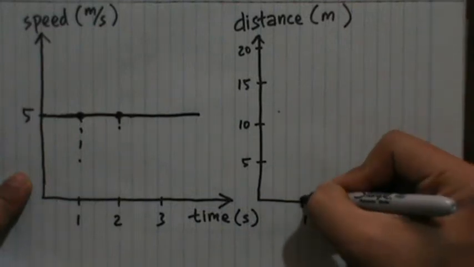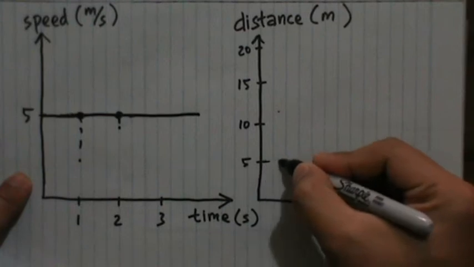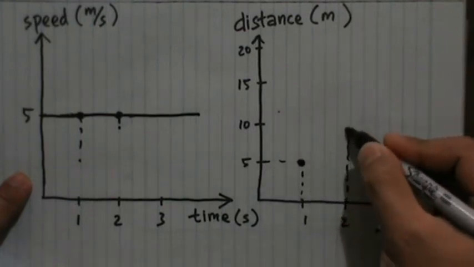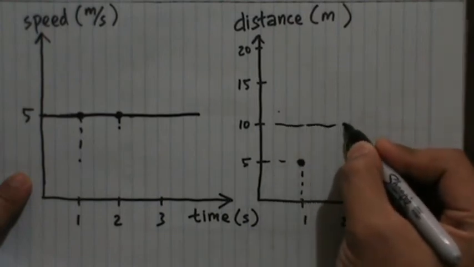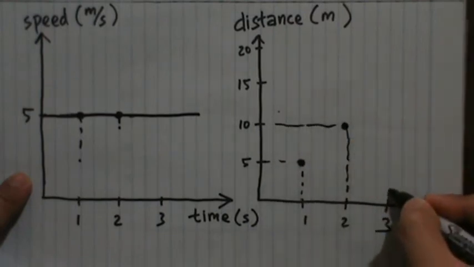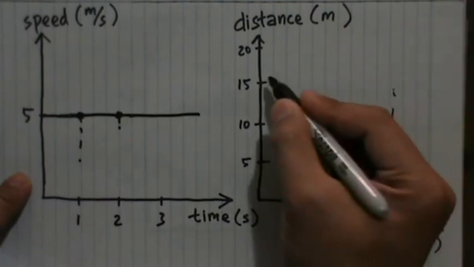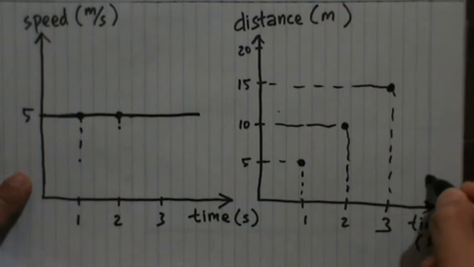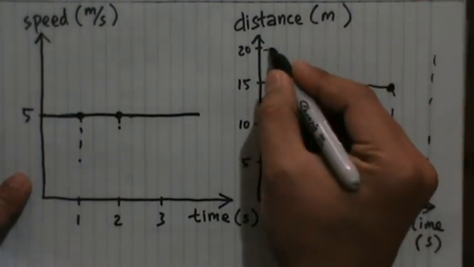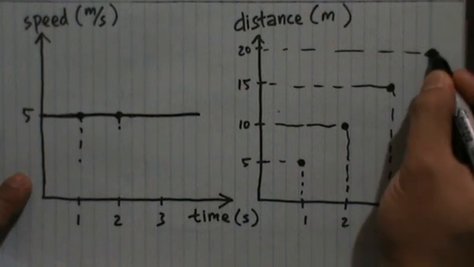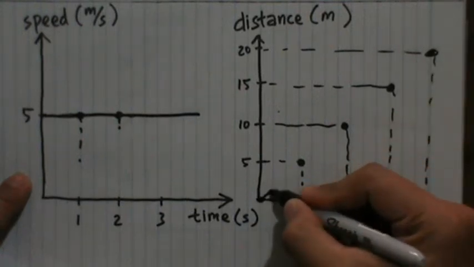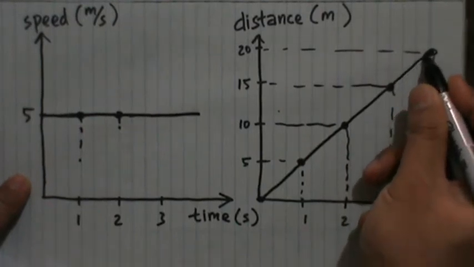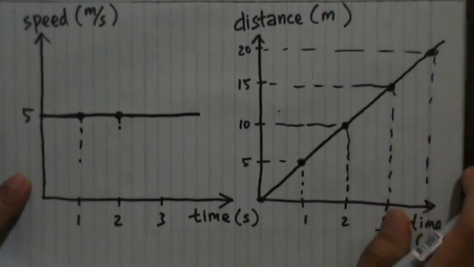So in the first second the distance will be 5 meters, after 2 seconds it will be 10, after 3 seconds it will be 15, and so on. If you connect these points, you will get a straight line like this, but this is not horizontal.